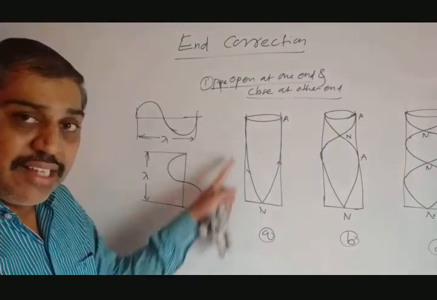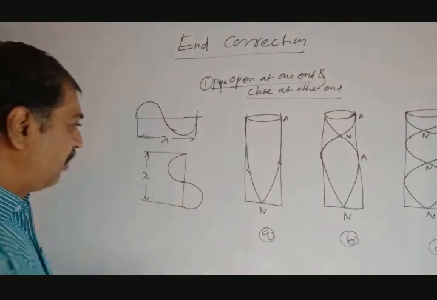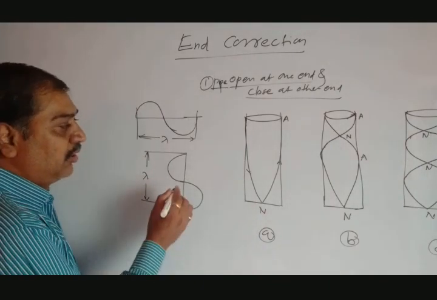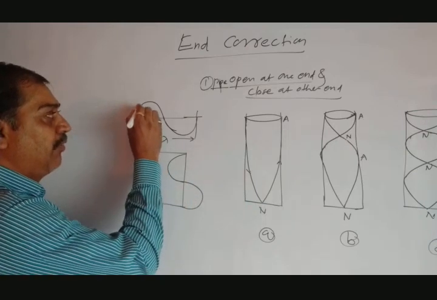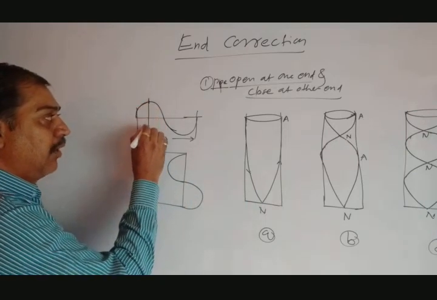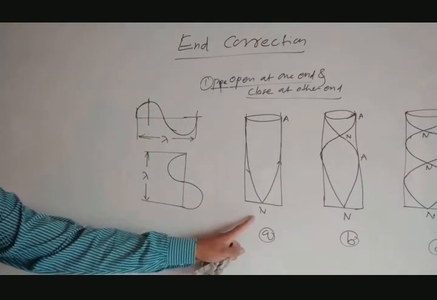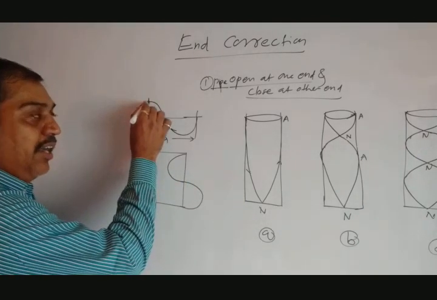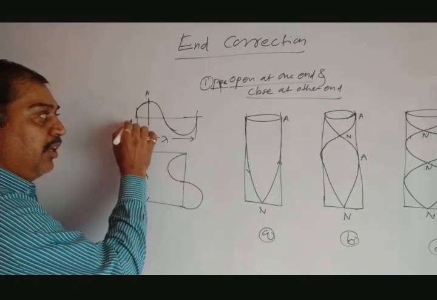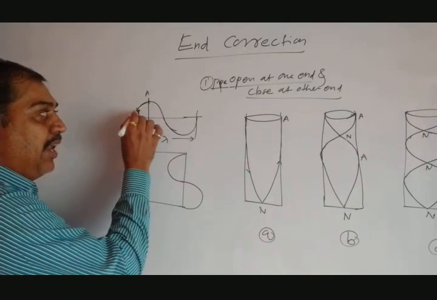Now see the first case. Here this part is nothing but what? 1/4 of the wave. As we are going here, this 1/4 up to this part is here. Here is the node, and where it goes higher, it is the antinode. What is the length of this part?